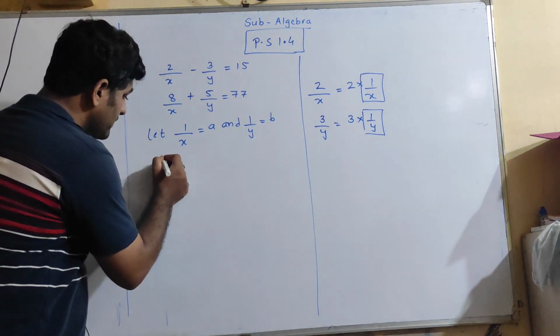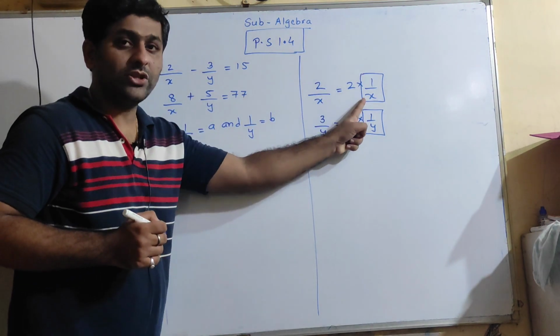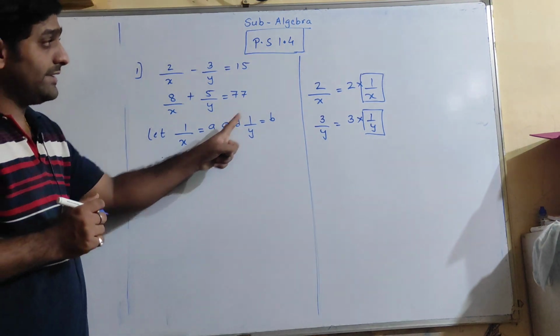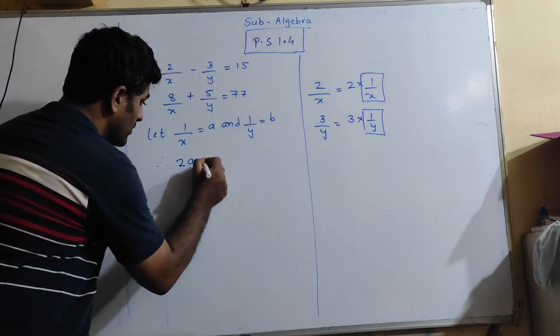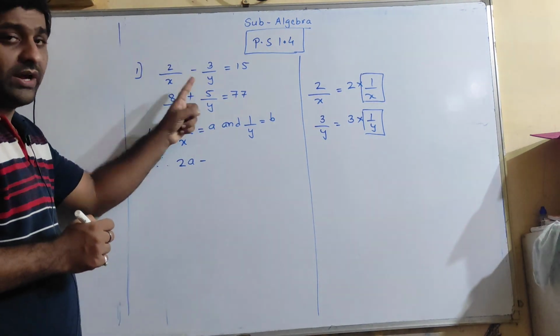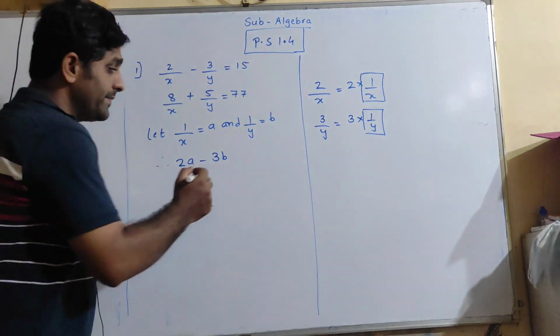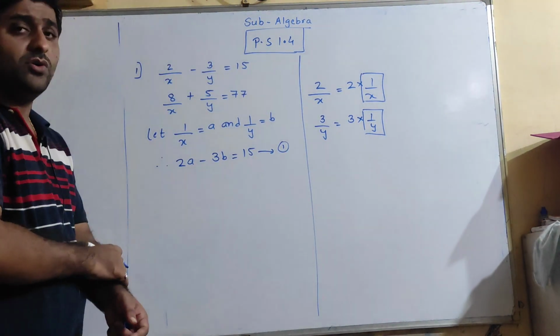So what do we have now? 2 upon x, as you know, is 2 into 1 upon x. So in place of 1 upon x, the value is a. So this will become 2a minus 3 upon y. Now you know it can be written as 3b, and that is equal to 15. We take this as equation number 1.